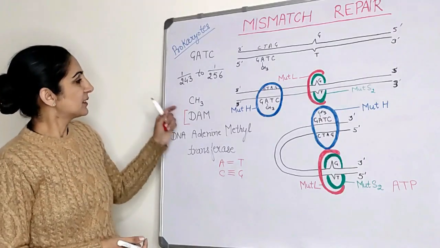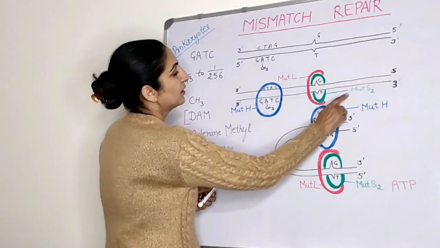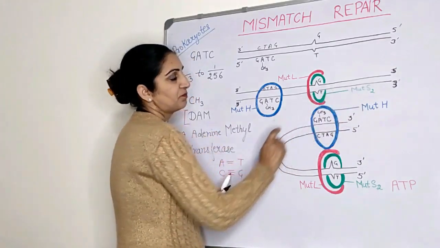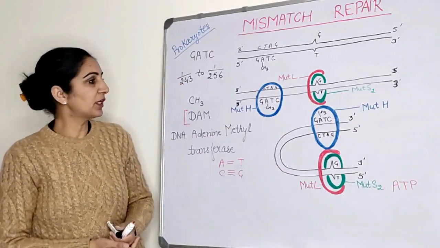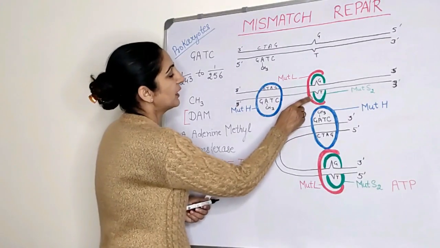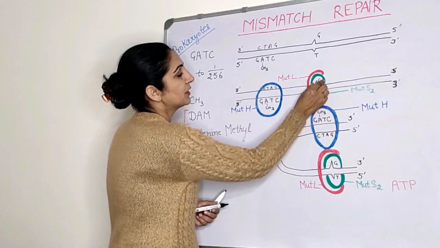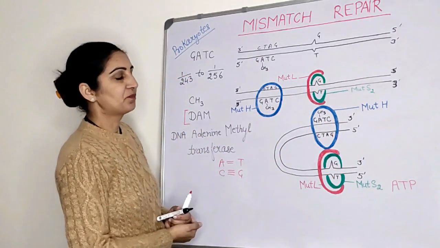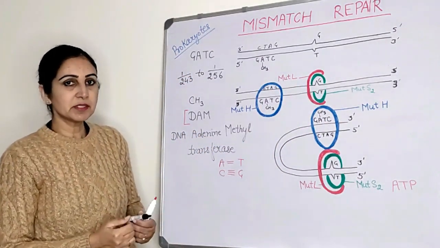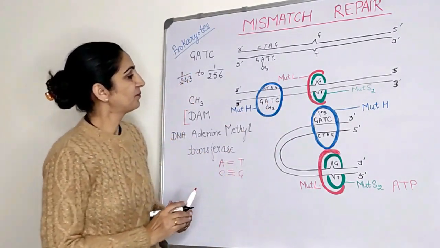So what the cell does is send a protein known as MutS. This MutS protein occurs in the form of dimers. So there are 2 MutS proteins attached to these distorted segments. The MutS protein comes and gets attached to this distorted segment.